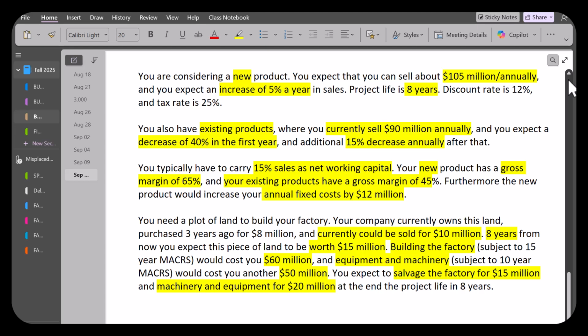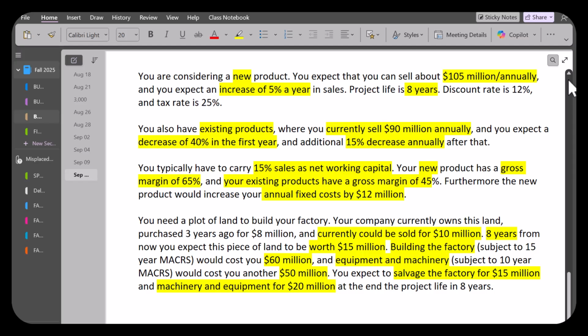But it's not enough to do just the building. We have to also put in machinery and equipment, and that's going to cost us another 50 million. Machinery and equipment depreciate a little bit faster, so we're going to use 10-year MACRS.